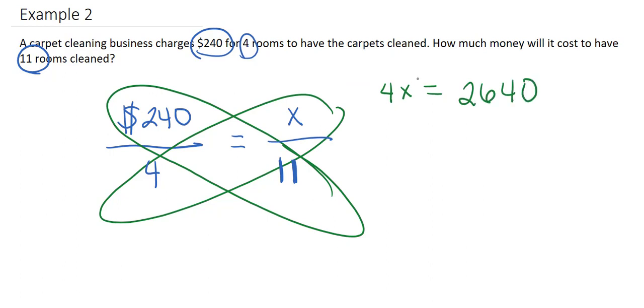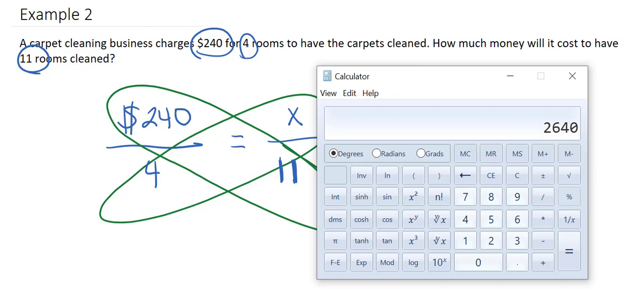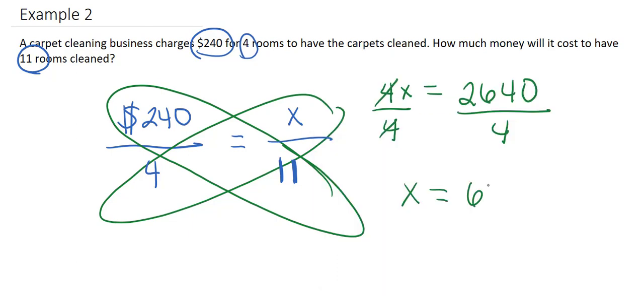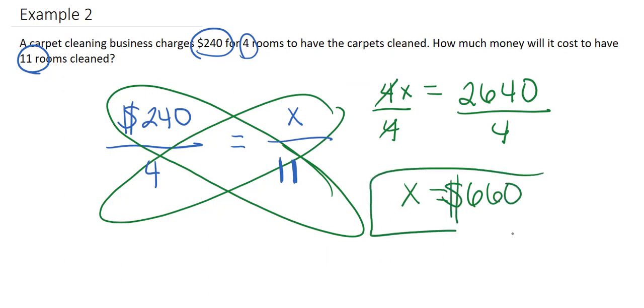So all we have to do then is divide by 4 on both sides. We do that to get X by itself. Whatever we do to one side, we have to do to the other. So we divide this by 4, and we get 660. And that would be the price for 11 rooms. So that would be our solution.